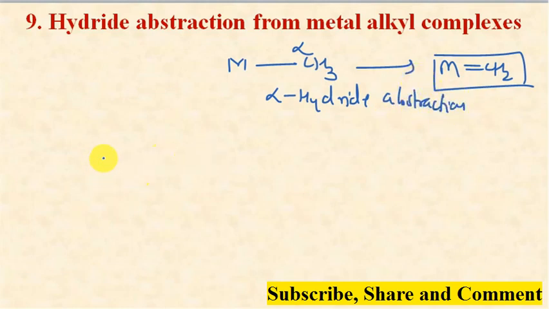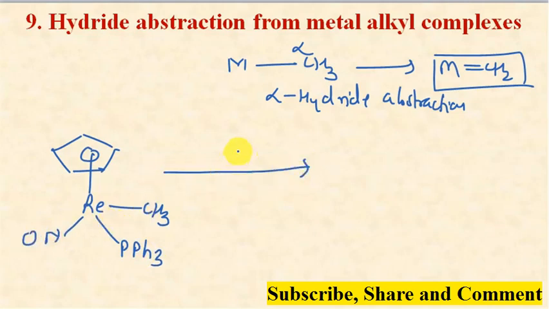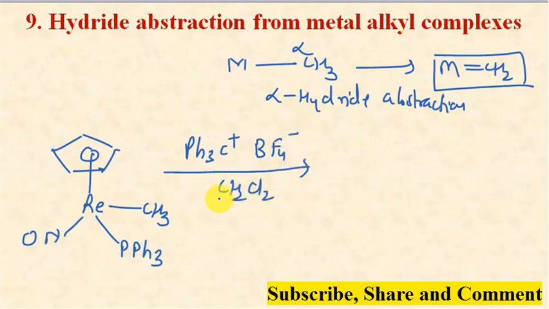So how can we manipulate this now? This is the compound which is used: Re. Here we have the methyl group, from where we have to remove that hydrogen, and here we have the triphenyl phosphine substituent and one linear nitrosyl at this position. When we use a strong base like Ph3C positive BF4 negative in the presence of dichloromethane solvent, what will we get?